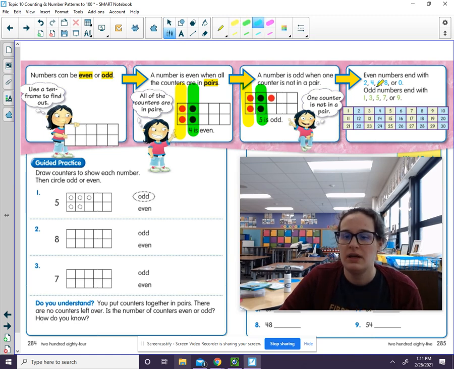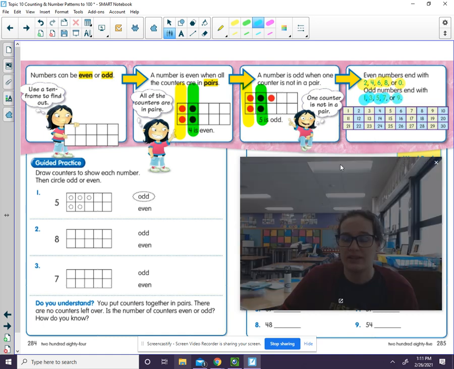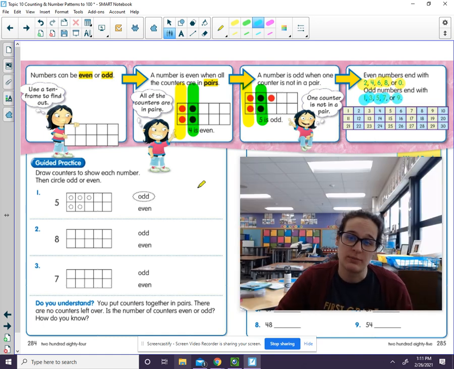It does help to know that there are numbers that are always going to be even. Those numbers end with 2, 4, 6, 8, or 0. Odd numbers always end with 1, 3, 5, 7, or 9. Okay, so that can help us when we're trying to think about odd or even.